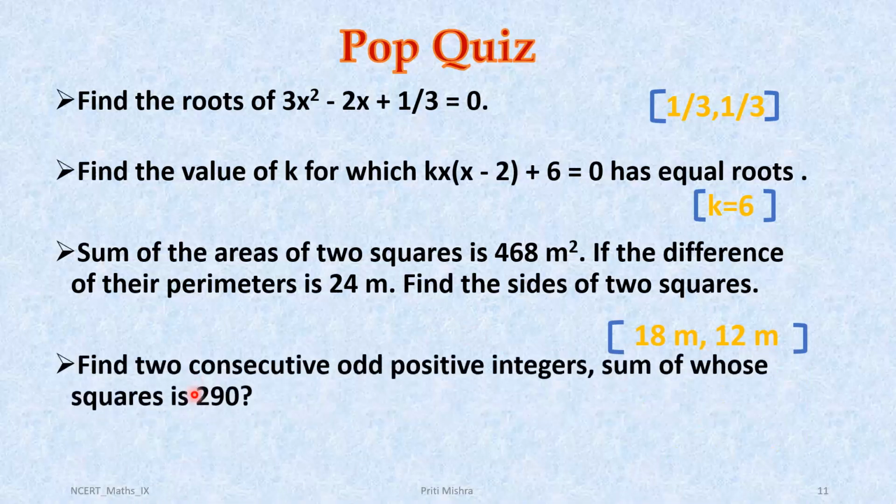Next question, find two consecutive odd positive integers, the sum of whose squares is 290. Yes, for this question, again, you have to frame the equations. Consecutive odd positive integers. If one integer is x, then the next consecutive odd positive integer will be x plus 2.